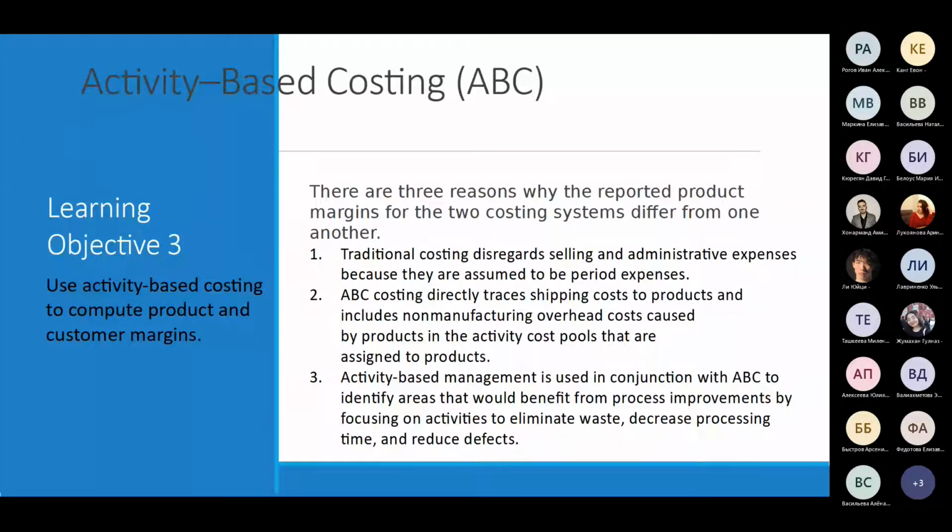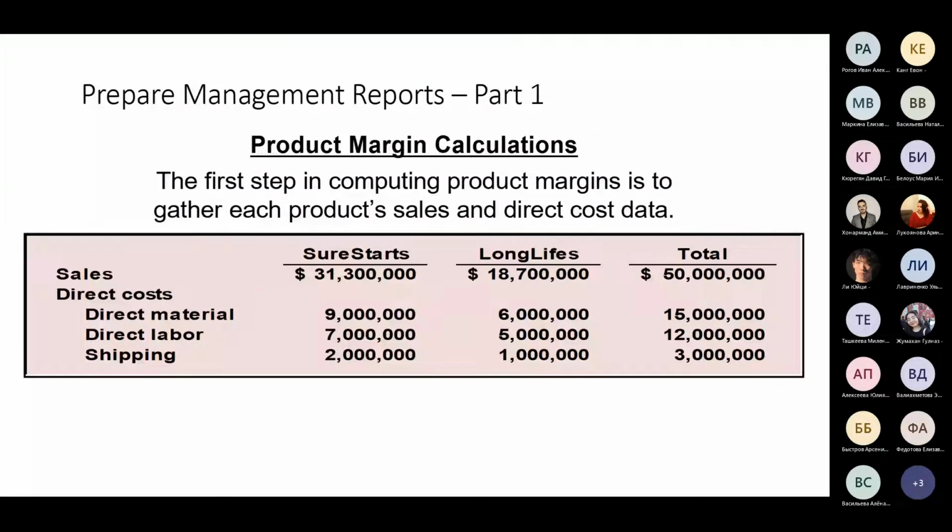When we are speaking about activity-based costing system, we may calculate 2 types of margins using specific sequence of steps. For example, product margin calculations could be using several steps. So the first one is computing product margins and gathering each product's sales and direct cost data. So here we collect together all direct expenses in order to understand what is the product margin.